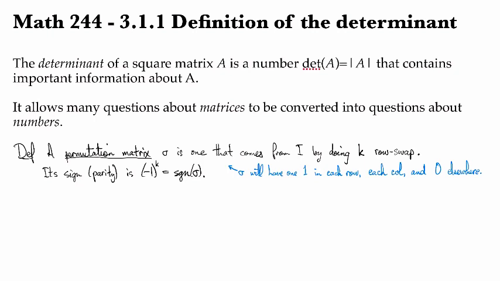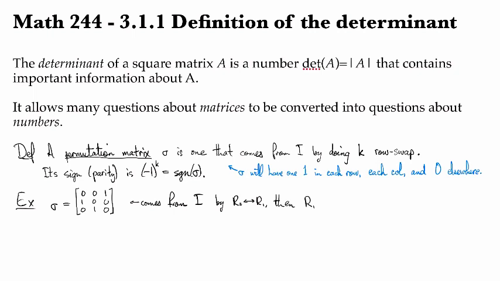Okay, so for example, if we're looking at a 3 by 3 matrix, perhaps we have 0 0 1, 1 0 0, 0 1 0. This one comes from the identity by doing, let's see, I could swap row 2 with row 1, and then row 1 with row 3. So 2 row swaps.